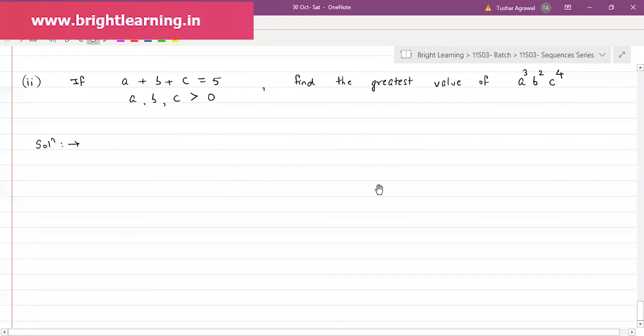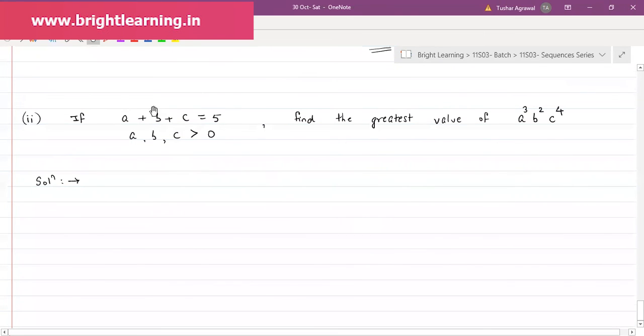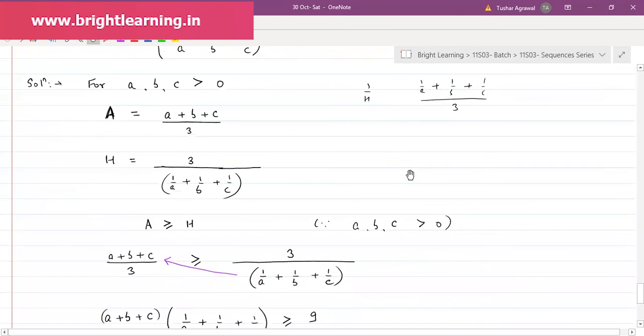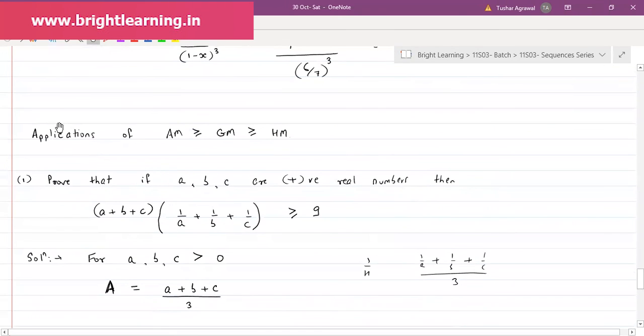Now here it is something to do with addition, and here it is something to do with multiplication: A into A into A, B into B into B, and C into C into C. This much hint you should get, since I've already told you that right now we are doing sums of AM greater than GM greater than HM.